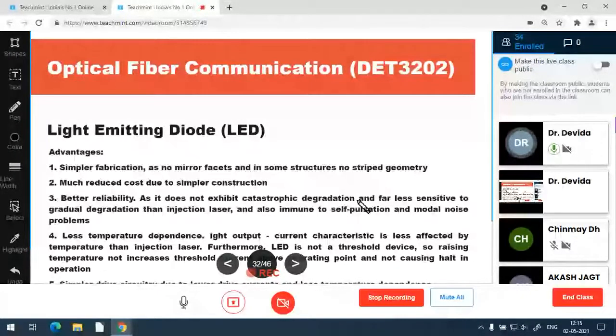We do not have to excite the total crystal structure for pumping and population inversion, and that gives the peculiar structures for making a thin active region and a very small active region electrically active, and that reduces the driving current very much, and then the laser device operates at very low power, and that is favorable. Low power operating devices are always favorable because their life increases, catastrophic degradation decreases.